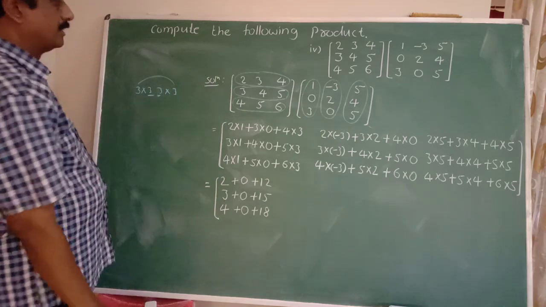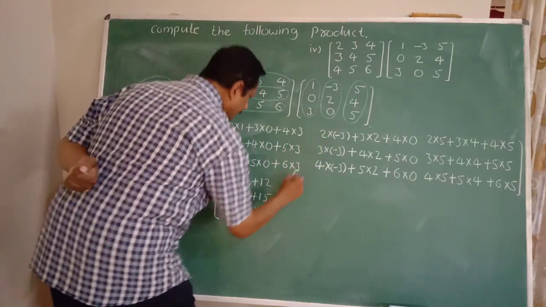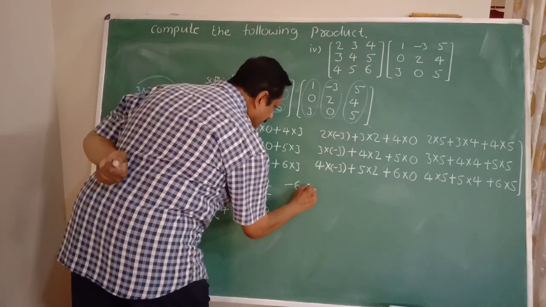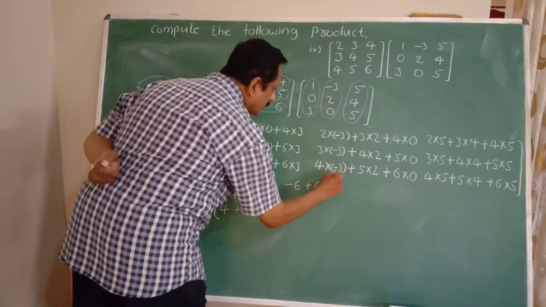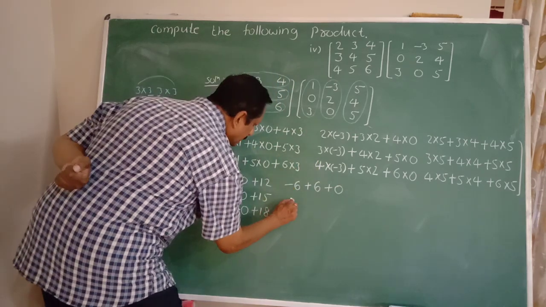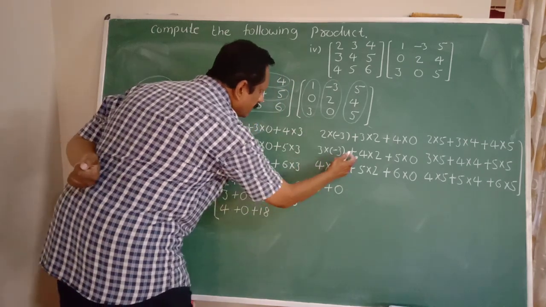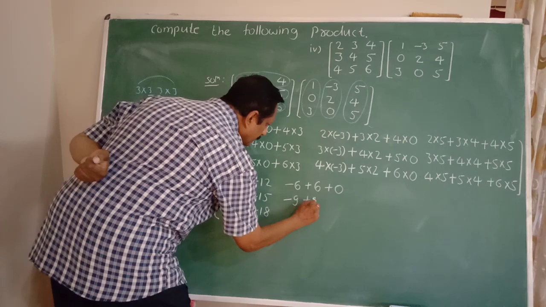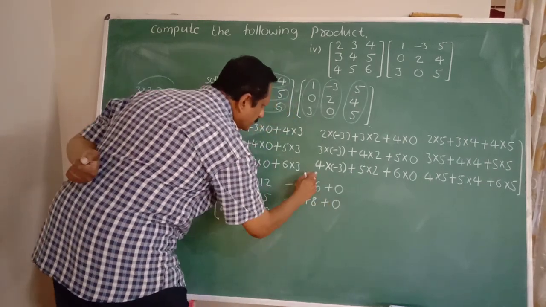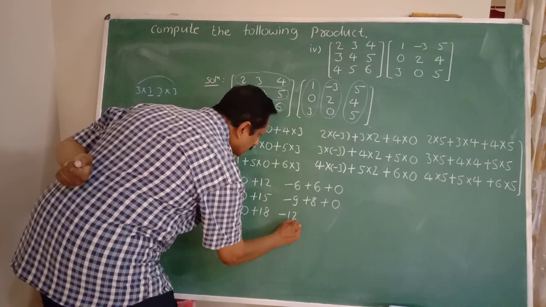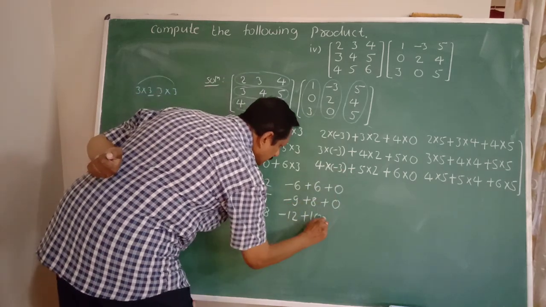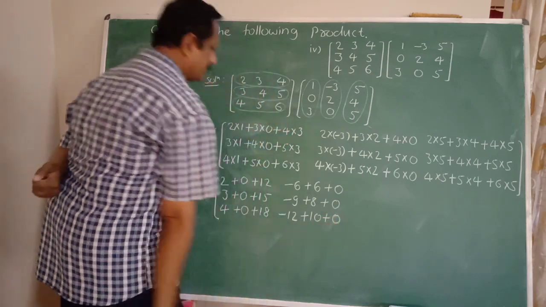Then 3 2s are 6, minus 6. 3 2s are 6, plus 6. 4 into 0 becomes 0. 3 3s are 9, minus 9. 4 2s are 8, plus 8. 5 into 0 becomes 0. 4 3s are 12, minus 12. 5 2s are 10, plus 10. 6 into 0 becomes 0.